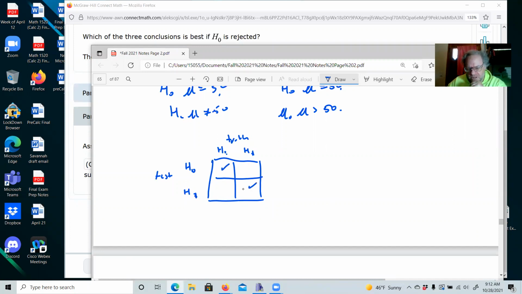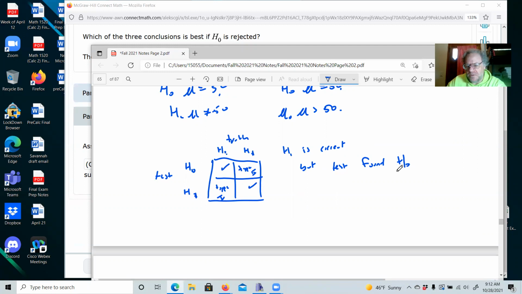No error. This was type 1. This is type 2. So H1 is correct, but our test found for H0. What we're saying is these coaching classes worked, but we failed to detect that it worked.